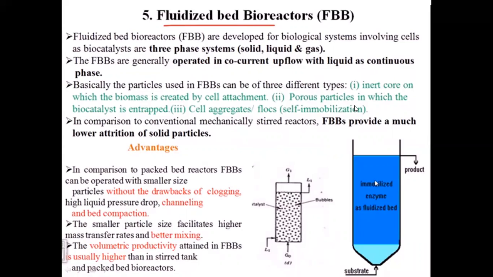Second is the porous particles, in which the biocatalyst is entrapped. And the third category can be cell aggregates or flocs. In comparison to conventional mechanically stirred reactors, fluidized bed bioreactors provide much lower attrition of solid particles. And the advantage is that it does not have the drawback of clogging, channeling, and bed compaction.